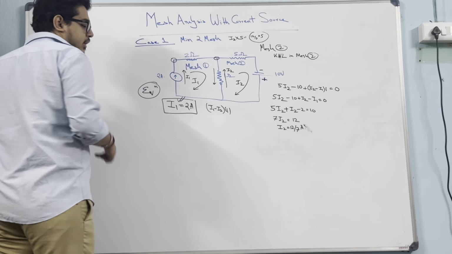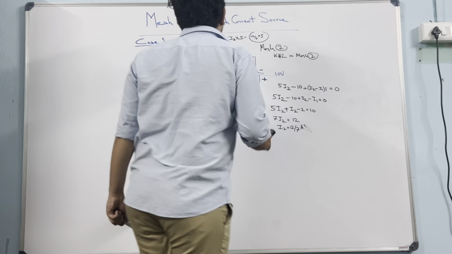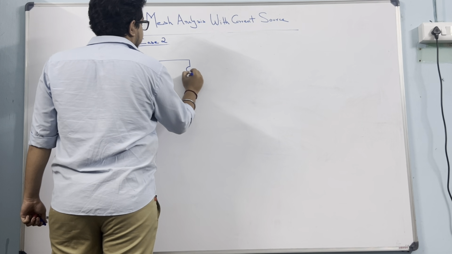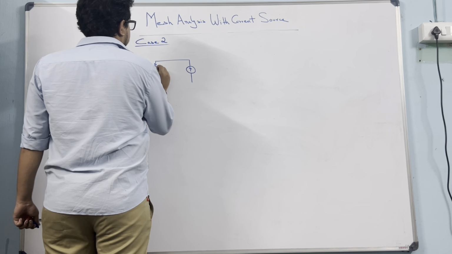So now look at case 2. The current source in between two meshes. We have a current source in between two meshes.